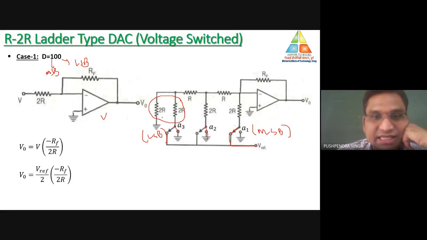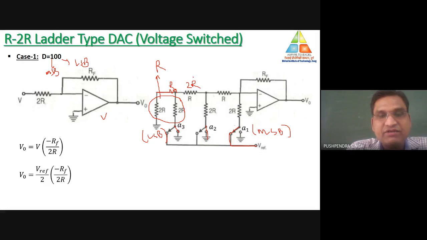So here you can see that the last resistance is 2R. This resistance is also connected to 2R. That means both are in parallel to each other. So the simplification of this, 2R in parallel with 2R, will be equal to R. So when this equivalent resistance is equal to R, this R and R will be in series. Now this R and R in series can be taken as 2R.